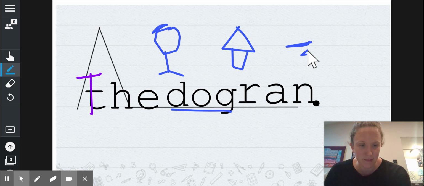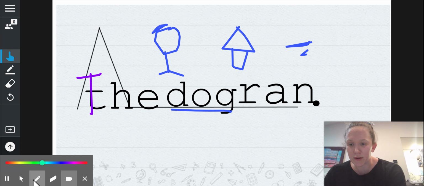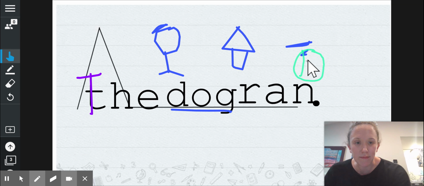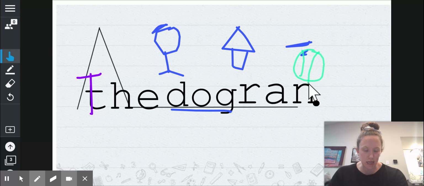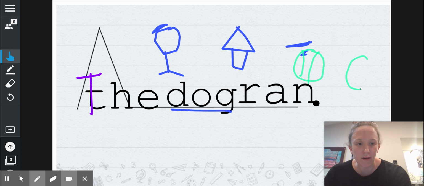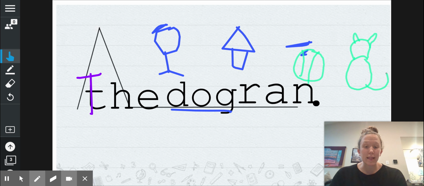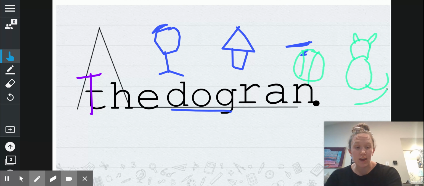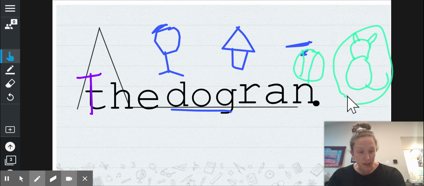So if it is a baseball, that means that it's a non-living thing. But if it's our animal or our cat, that means that it is a living thing. So we would look at dog as being a thing, and more specifically, a living thing.